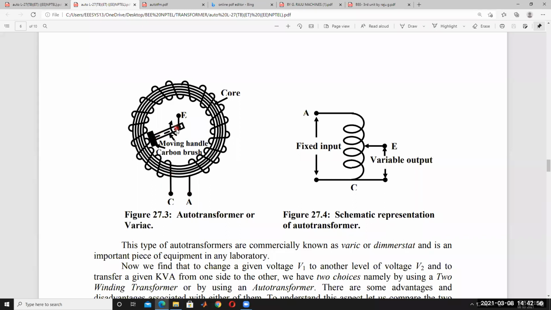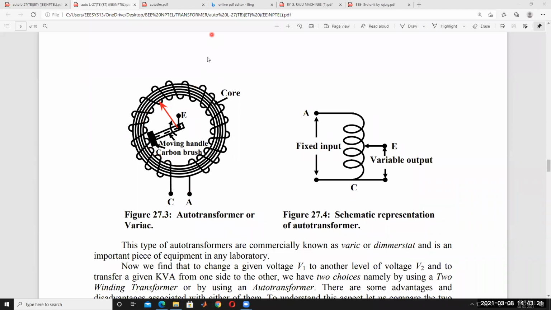By changing this position, this much of winding is considered. If you rotate in this manner, exactly at this position, this much of voltage is included between these two.